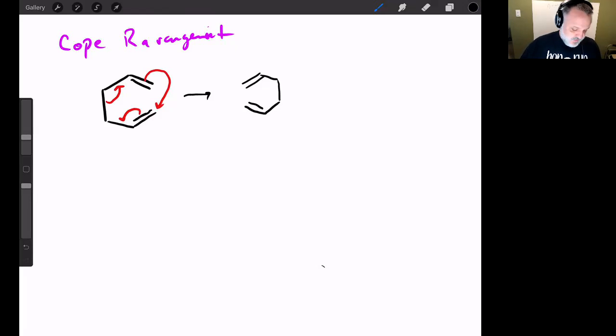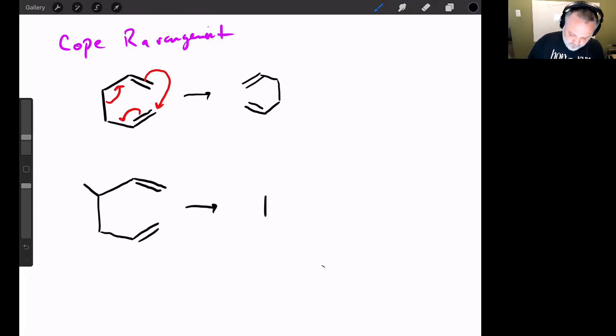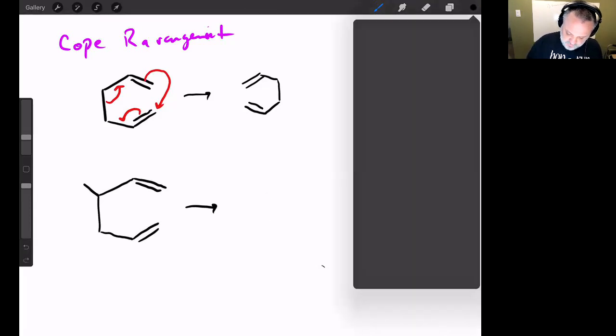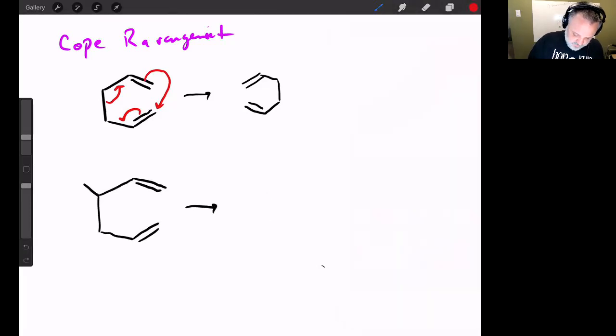This is where we have to deal with some differences with a Cope rearrangement. Why might this one be driven forward this direction? Let's think about it. If I'm going to have this same mechanism take place, then what do I end up with in the products?